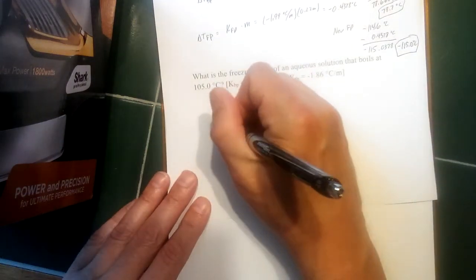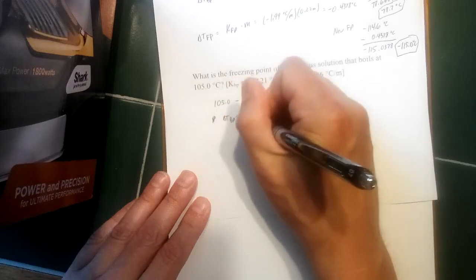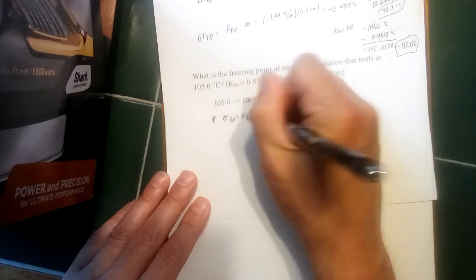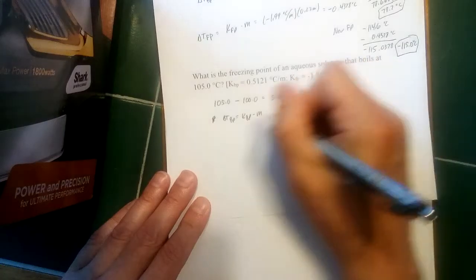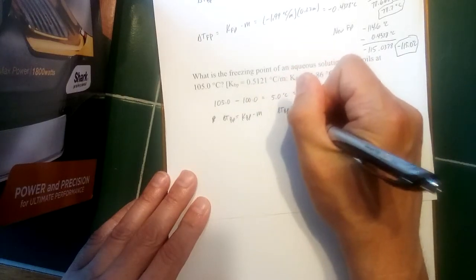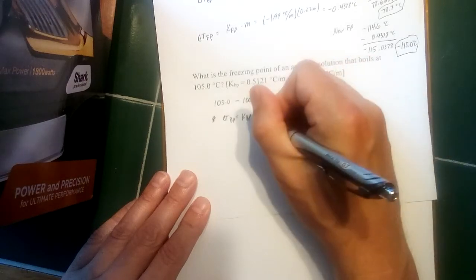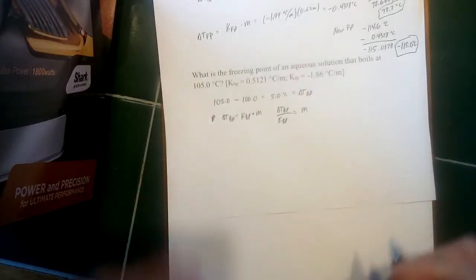So we know that the change in temperature of the boiling point is equal to the constant times the molality. If I just divide through by the constant, that would be the change in temperature of the boiling point divided by the constant is equal to molality.